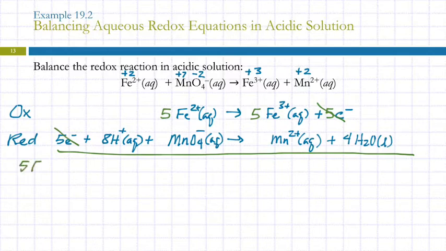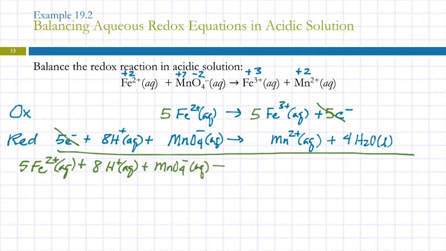So we're going to get 5 Fe2+ aqueous plus 8 hydrogen ions aqueous plus permanganate ion, and that's going to form 5 iron 3 ions and manganese 2 ion and 4 water molecules. And you should double check that it all adds up. Any questions?